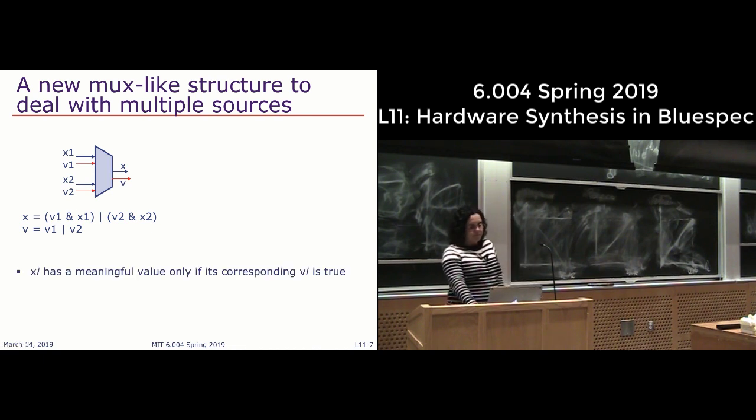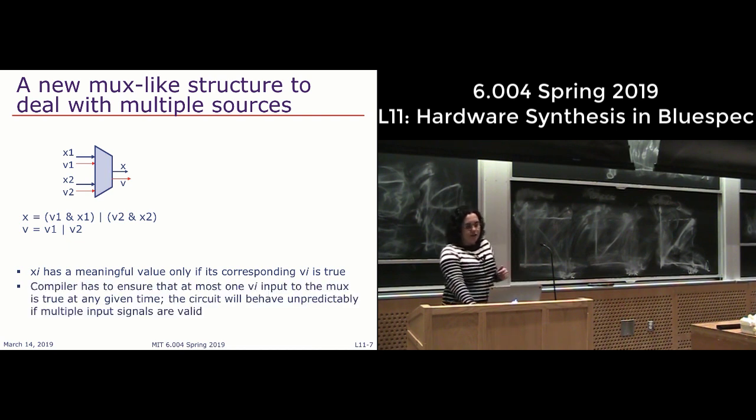What this tells you is that each X sub I, both on your inputs and on your outputs, is only meaningful if your V sub I is equal to 1. Essentially, your compiler is going to make sure that if you have multiple things coming into this specialized mux, at no point in time are more than one of those V sub I signals equal to 1.